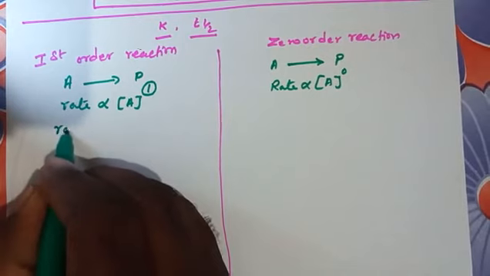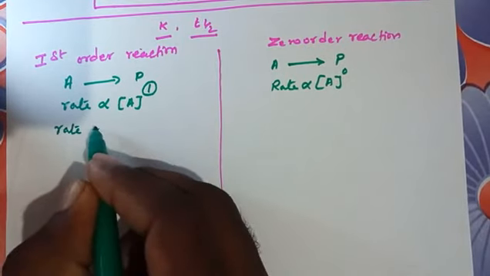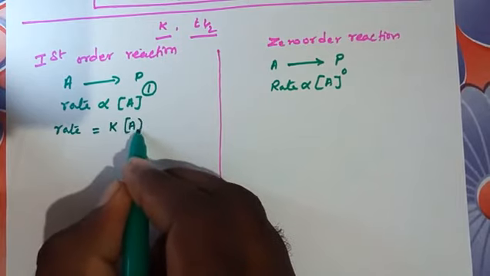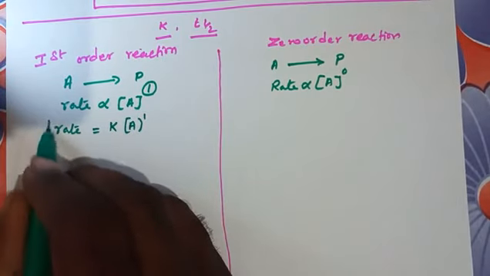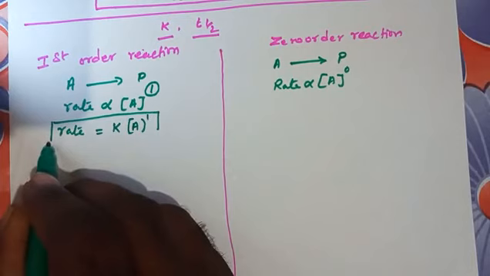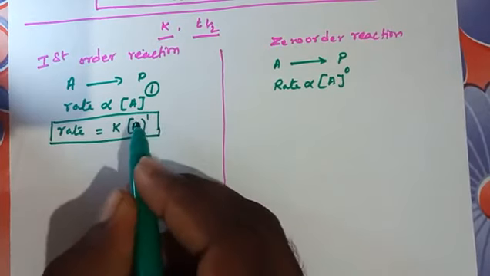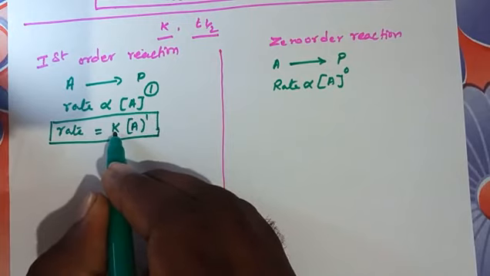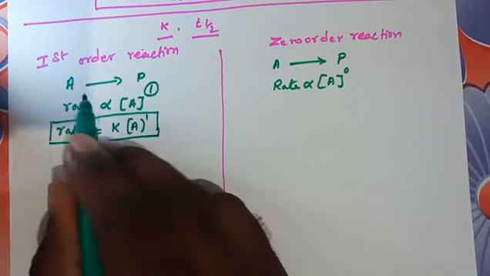So rate is equal to k into A to the power of 1. This is the rate law for a first order reaction. Here 1 is the order with respect to concentration A, and k is the rate constant of the first order reaction.